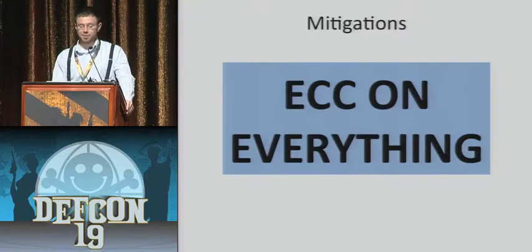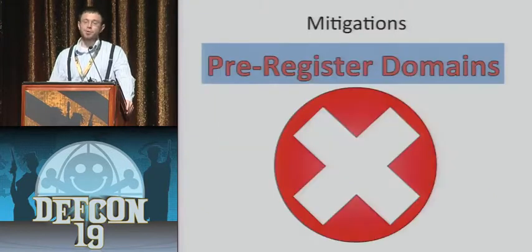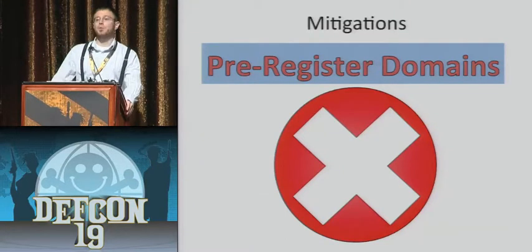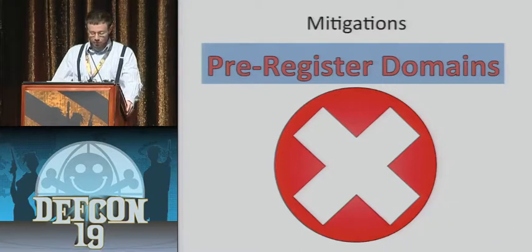Next mitigation, pre-register domains. This is actually the easiest you can do, since bitsquatting affects a very small percentage of all domain lookups. If you own a really popular domain, you also have the most money to register potential bitsquats of that domain. There's actually a quick upper bound you can place on this.